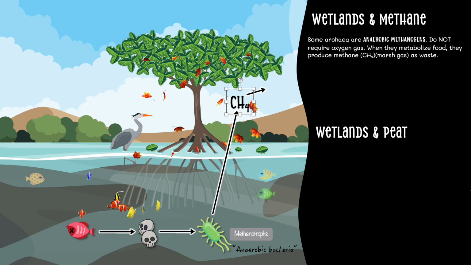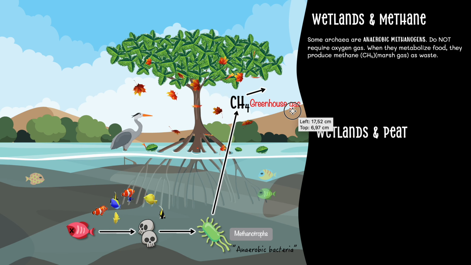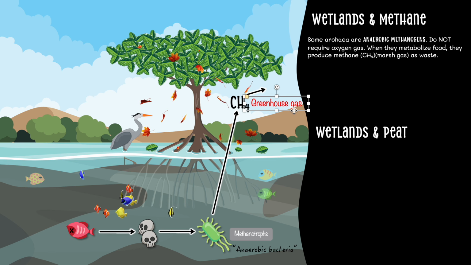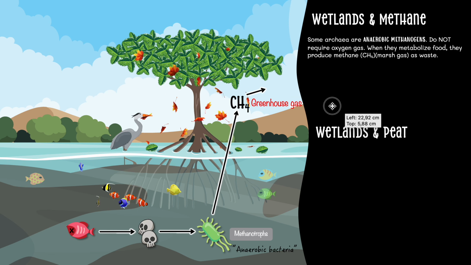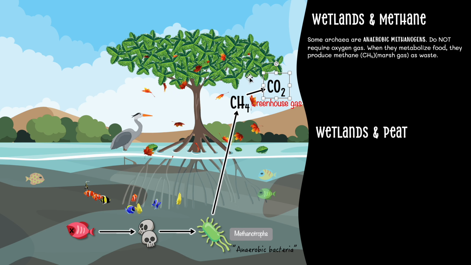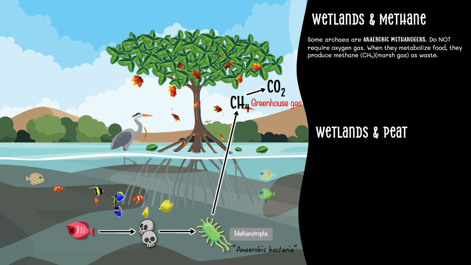Now, methane is special because, as you'll see when you learn about greenhouse gases in the climate change chapter, this is a key greenhouse gas. It's also dangerous because, after spending some time in the atmosphere, it can be converted into carbon dioxide, which contributes to our carbon cycle that we've been talking about this whole time.